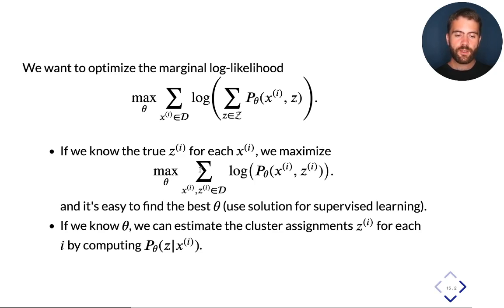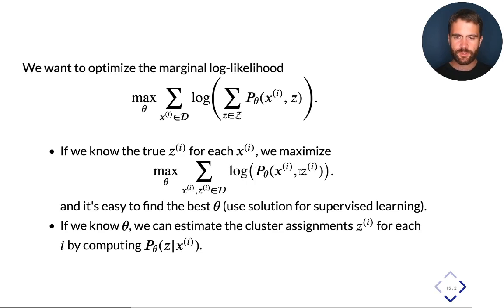And this is a very nice objective because now every variable is defined, and this reduces to the supervised learning setting that we have seen in the earlier lectures. This now becomes the same problem that we would solve using the Gaussian discriminant analysis algorithm, and we have seen closed form solutions for this problem.